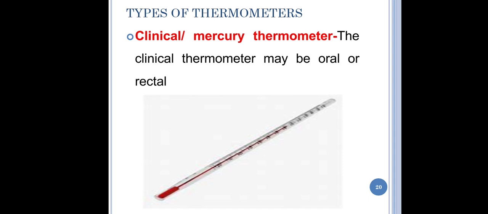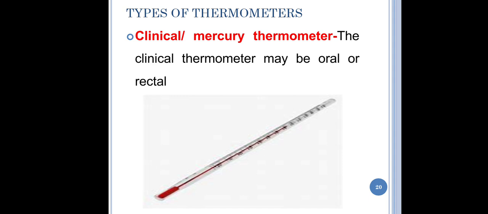We also looked at in which units it is measured, and then we looked at how temperature is lost and how temperature is gained. And then we looked at some terminologies that can be used in temperature. We also looked at thermoregulation, which was looking at the body's temperature loss and temperature gain. And then we went to look at types of thermometer, because you should know the thermometers that are going to be used. How do you measure this same temperature?